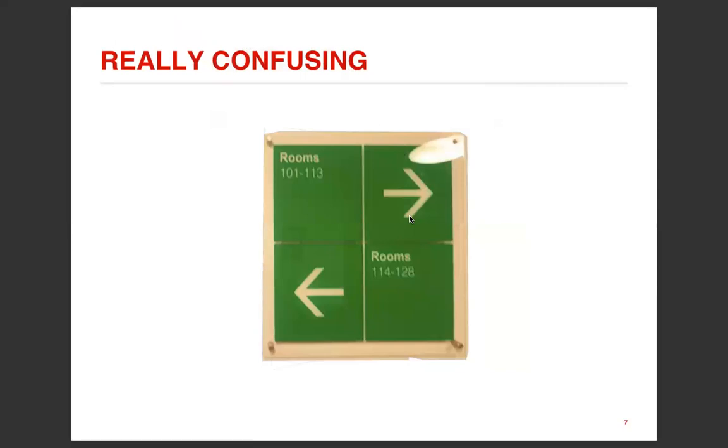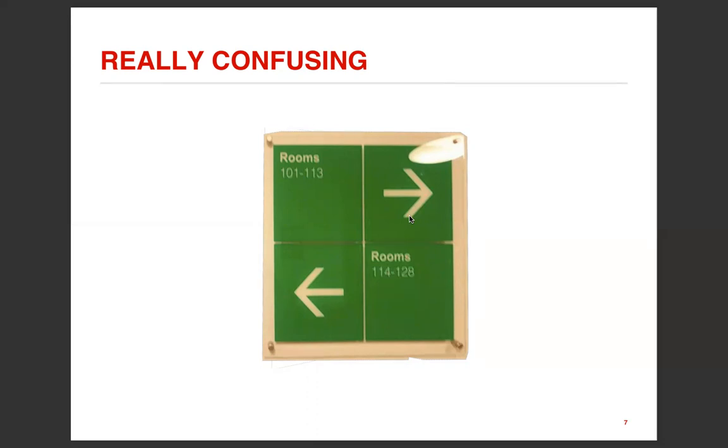Now see this really confusing interface. It says rooms 101-113, then this one's rooms 114-128. This can be interpreted in so many ways. This is actually a sign, so a UI or UX designer designed this for a company, probably a hotel company.